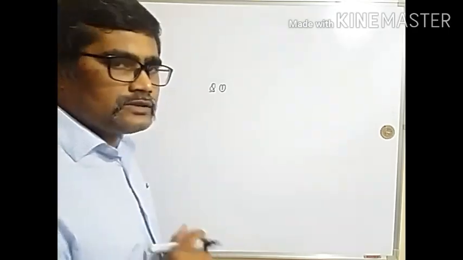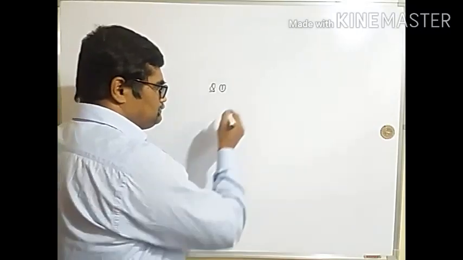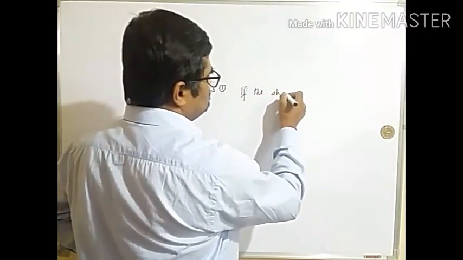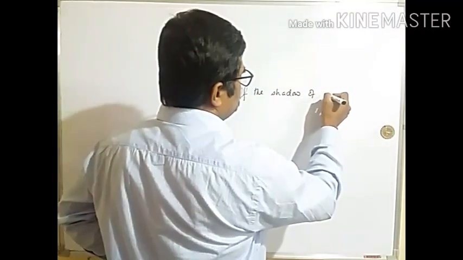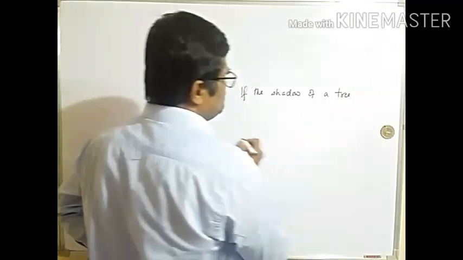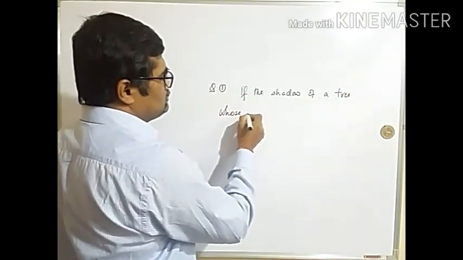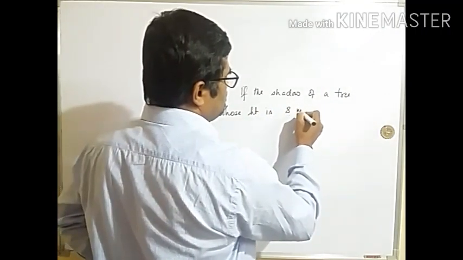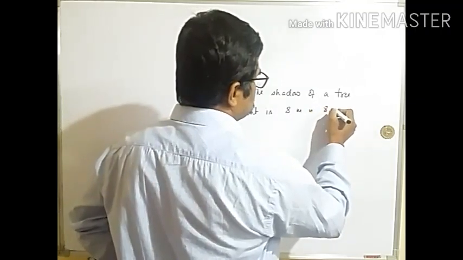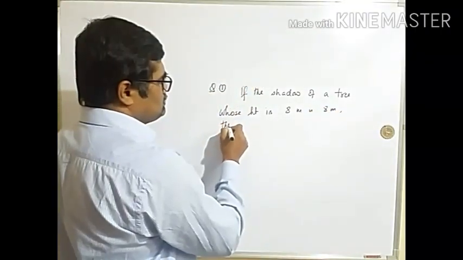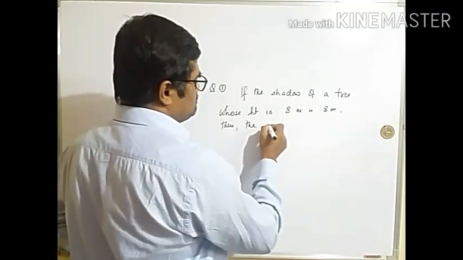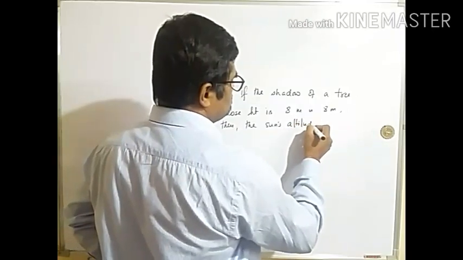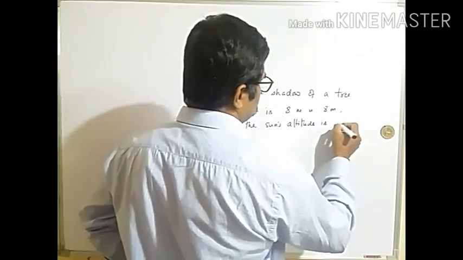Now what may be asked, you see, I'll write down the question: if the shadow of a tree whose height is 8 meter is 8 meter, then the sun's altitude is dash.